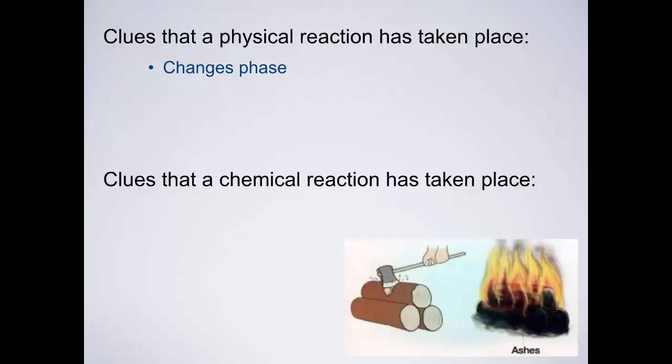It's still gold. Dissolving salt in water is a physical change. It's still sodium chloride and H2O. We're not creating any new substances. We're just mixing them in a certain way. Changes in size, like shattering the glass or ripping up a piece of paper, are just physical changes.